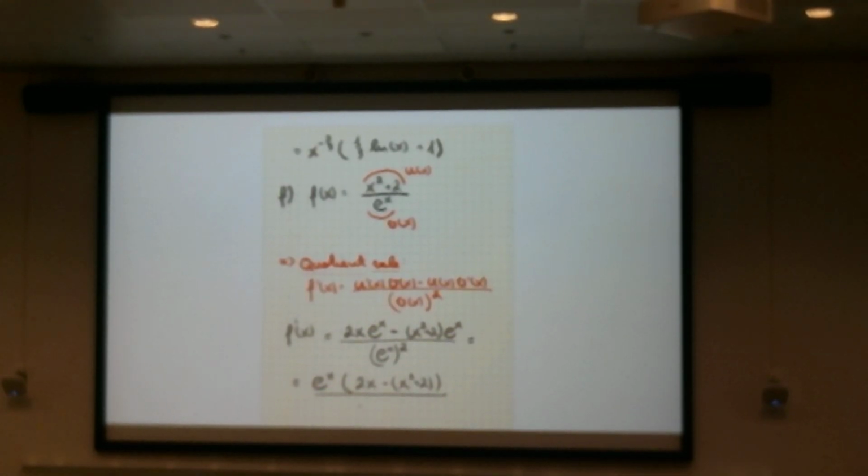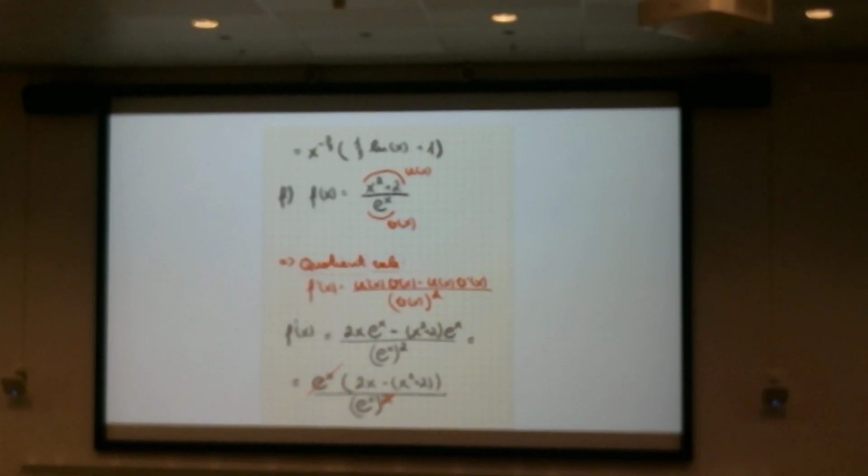And here we have e to the x squared, okay? So I can cancel e to the x with this one. Because here we have e to the x, and we have e to the x squared. So square just cancels out.